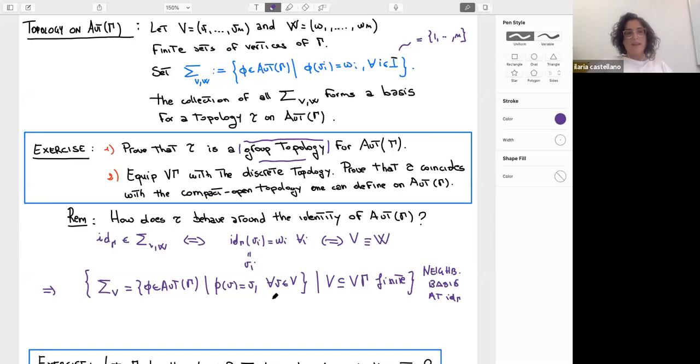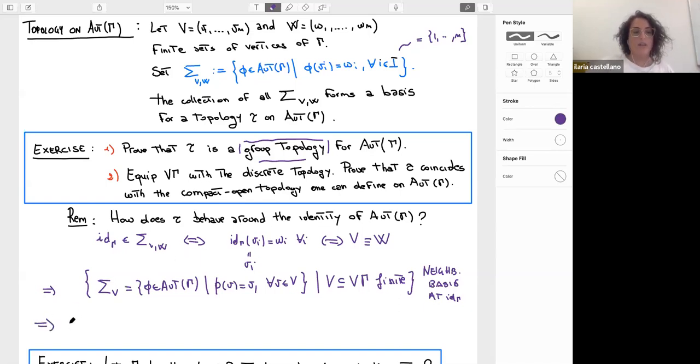So an automorphism phi is close to the identity if it stabilizes a large number of vertices. The larger the number of vertices that you stabilize, the closer you are to the identity.